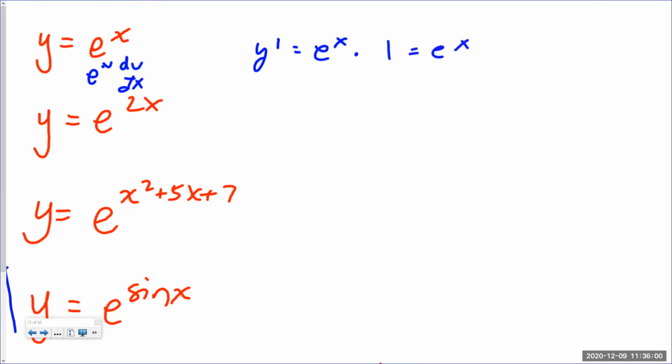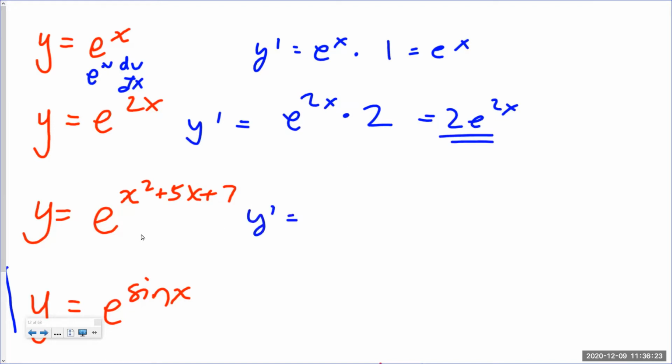So what would the derivative of e to the 2x be? First, you copy the e to the u, then you multiply by the derivative of 2x, which is 2. Do you see how easy this is? All right, and I'm going to rewrite it, but you don't have to. But remember, if it's a multiple choice, it's more likely like this. All right, what would the derivative of this be?